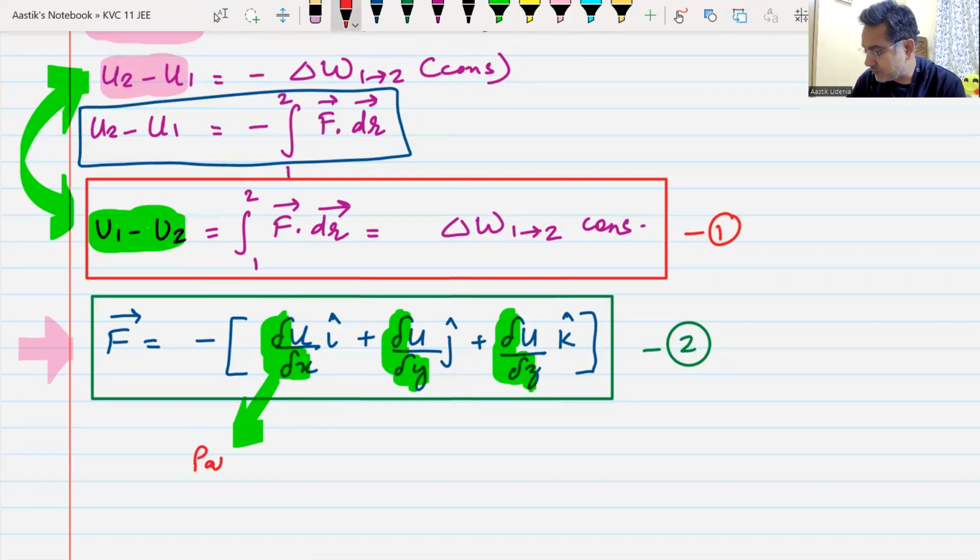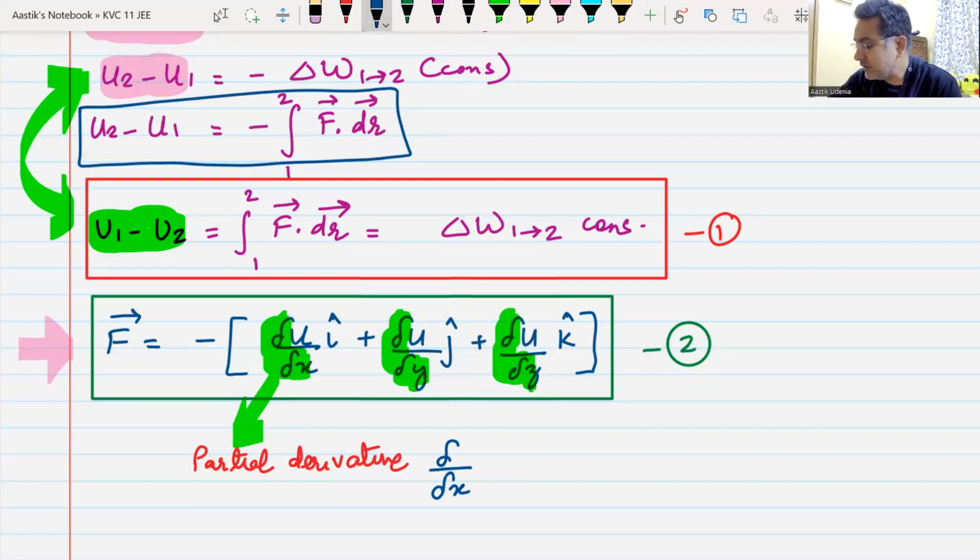This del is known as partial derivative. Partial derivative with respect to x. So if you have del by del x, it is known as partial derivative.